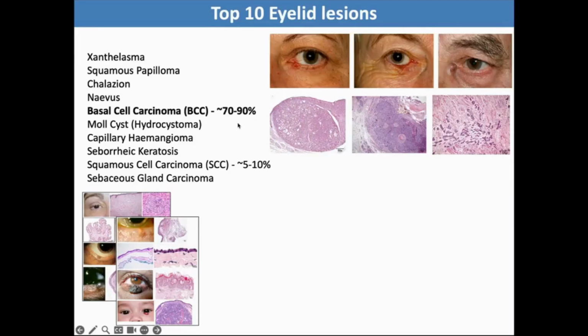They represent approximately 70 to 90% of all malignant lesions of the eyelids, and have a variety of different morphologies: the nodular, nodulocystic, and also the infiltrating or morphoeic form. The subtype has to be given with the report, and all of the margins have to be addressed.